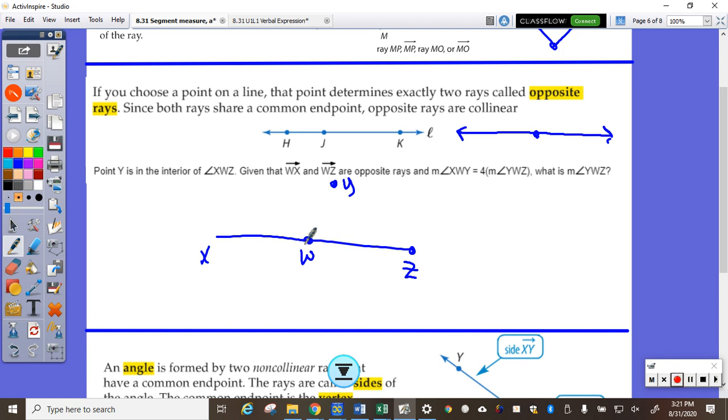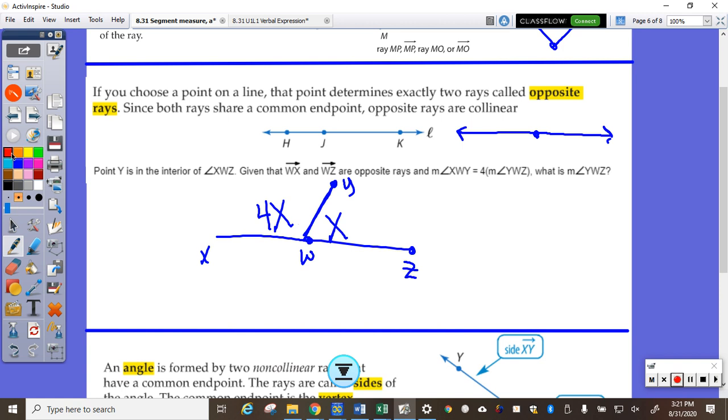So let's just kind of create this line here for a second. Okay? So this measure right here, XWY, is 4 times the measure of whatever this is. So let's call this x, and we'll call this 4x.